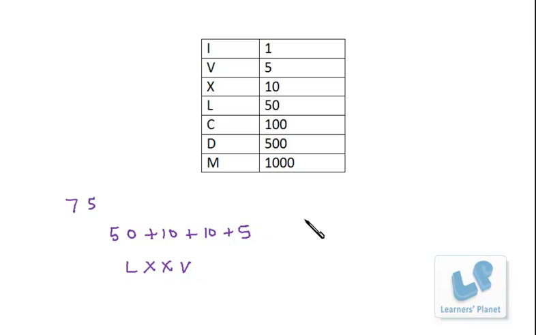Now similarly, suppose we wish to write 72. So it's 50 plus 10 plus 10 plus 1 plus 1. Now 50 is what? L, this is X, this is further X, then this is I, and this is I.